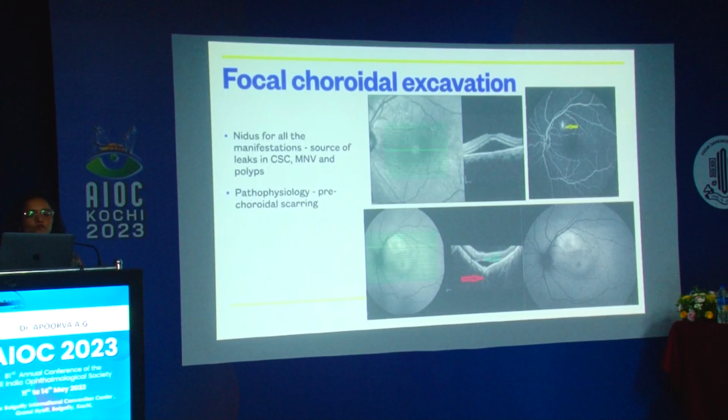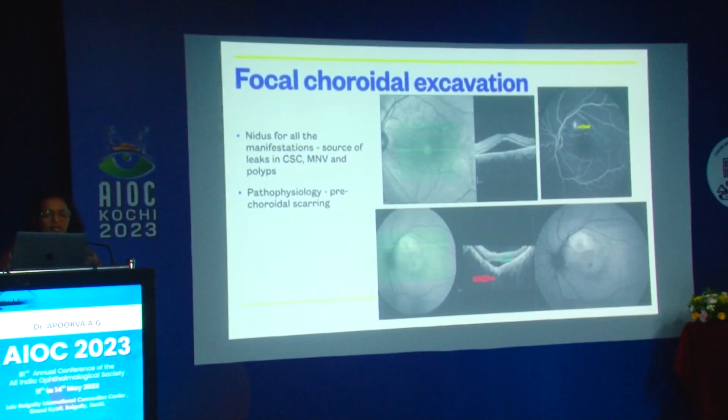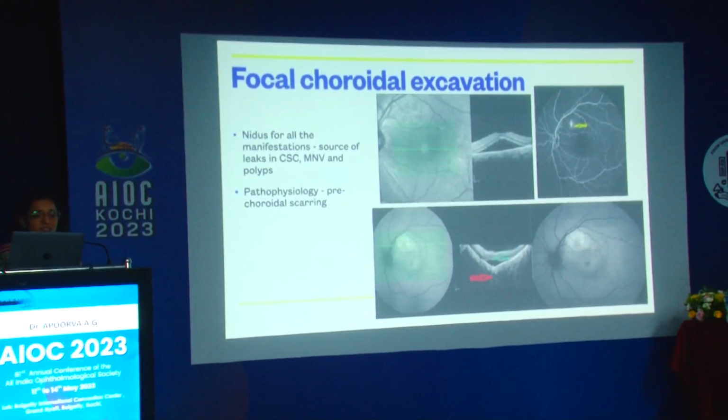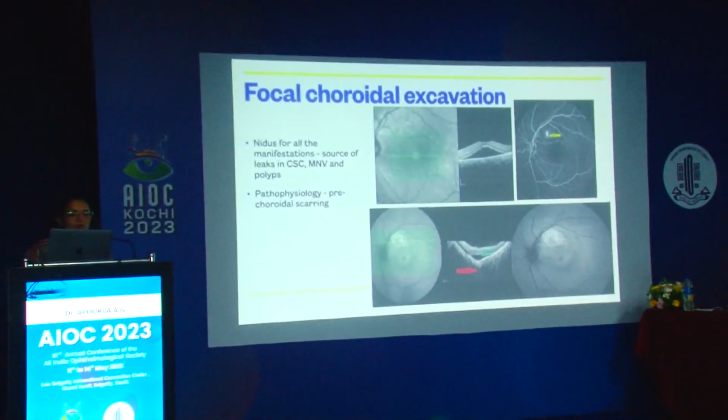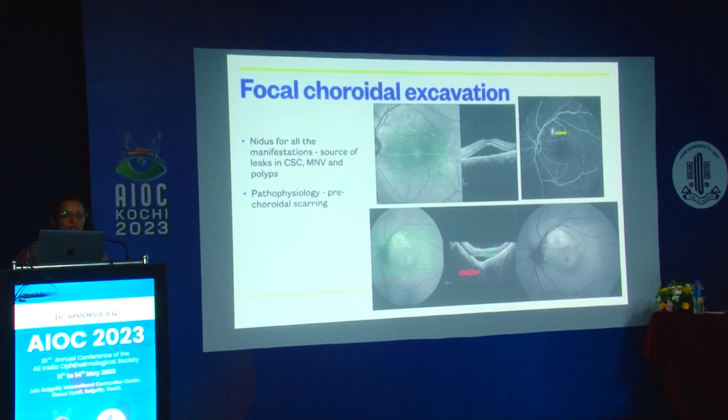This can be conforming or non-conforming depending on the lining of the excavation with the retinal layers. And the FCE is usually the nidus of all problems of pachychoroid, whether it's the source of leaks in CSC, the site of MNV, or polyps.